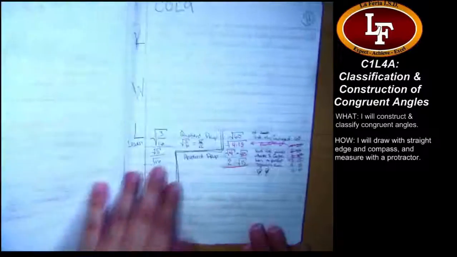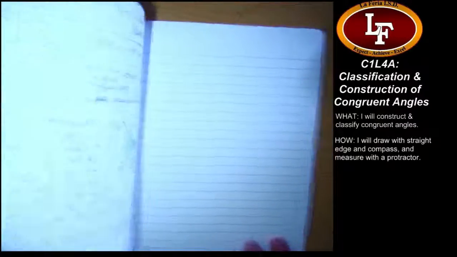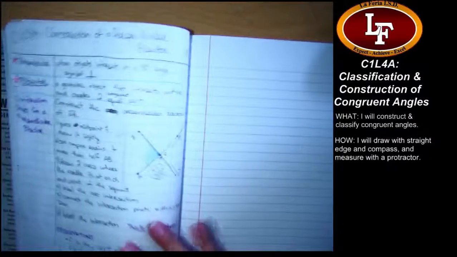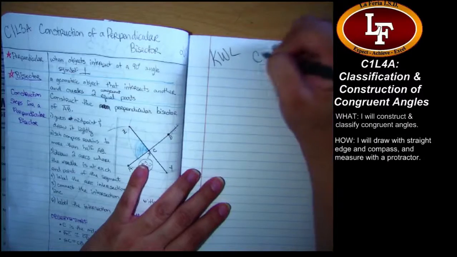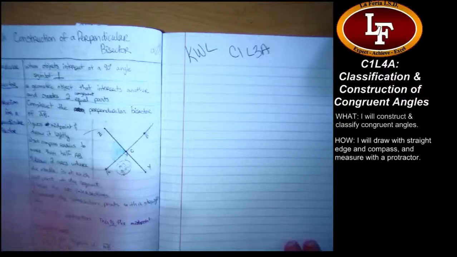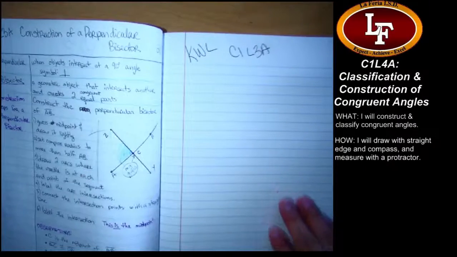And then I'm going to flip through my notes until I find, okay, here is that construction. You need to leave room for your KWL. And so my notes for this section are going to begin on the very next page.